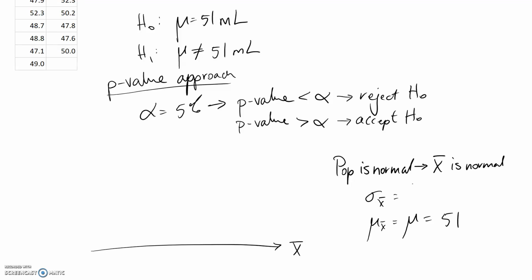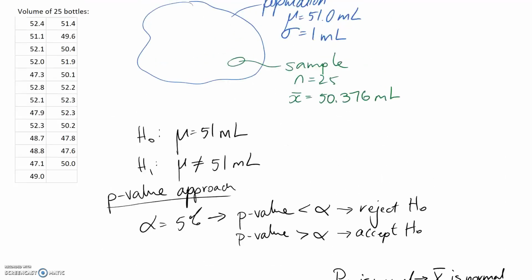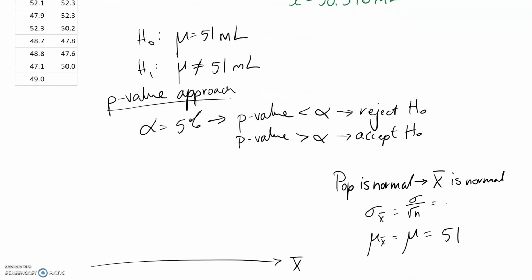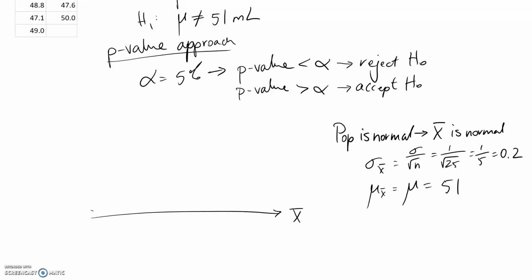And the standard deviation, we have our equation for that, which is sigma on square root n. So sigma is the standard deviation of the population, and we were given that as 1. N is the number in our sample, which is 25 bottles. So 1 on square root 25, which becomes 1 on 5, or 0.2. So let's draw our diagram.